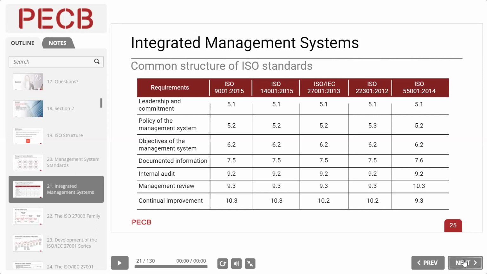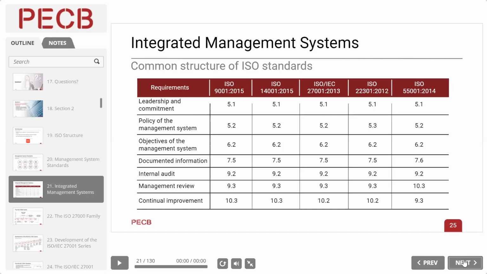So we will see and discuss later about improvement. Improvement is a very, very critical aspect of ISO management systems, okay? And I'll talk more about how the whole approach of implementing and managing a management system supports improvement, okay?